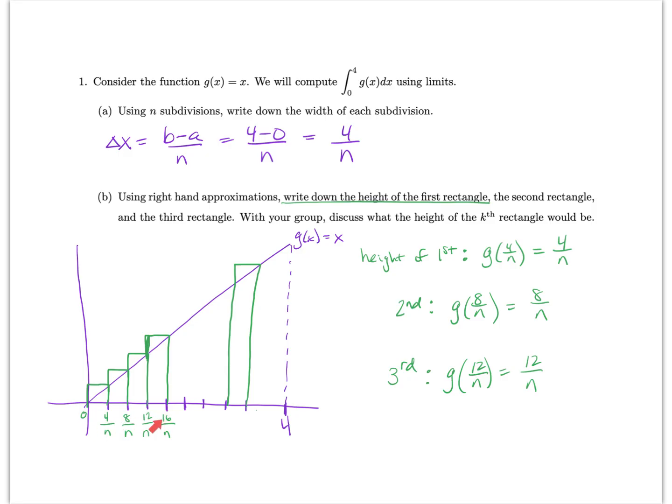These are multiples of 4. 4 times 1, 4 times 2, 4 times 3, 4 times 4. My kth rectangle is going to be 4 times k. So this is going to be 4k over n. So my kth rectangle, the height is going to be g of 4k over n, which is 4k over n.